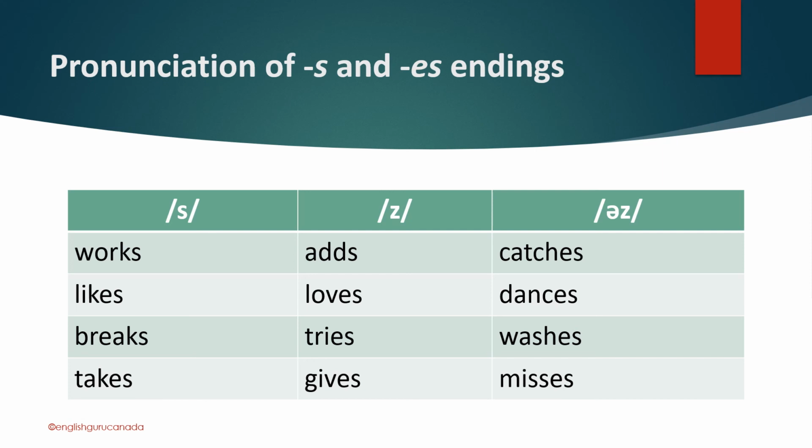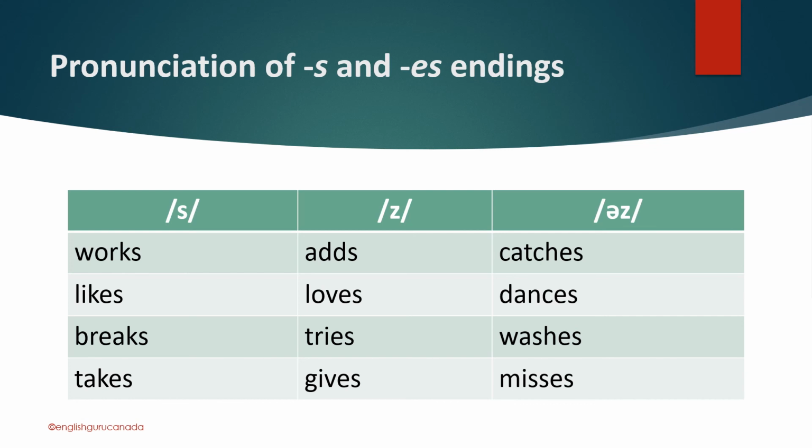For example, works, likes, breaks, takes. Now, k is a soft sound, and its counterpart g is a hard sound. So if you have the word dig, you're going to be saying digs with a z sound, not an s sound. So you have to be very careful with that.